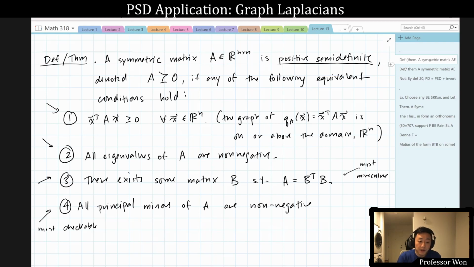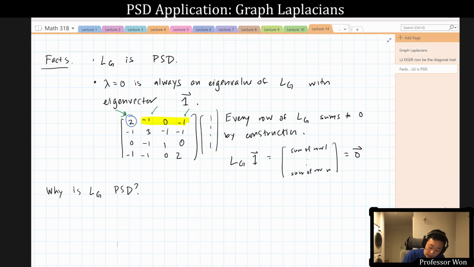And what we're going to do is show that L_G satisfies property 3. We're going to find a matrix B such that L_G is equal to B transpose B, meaning that it's positive semi-definite. So we will show that L_G equals B transpose B for some matrix B.